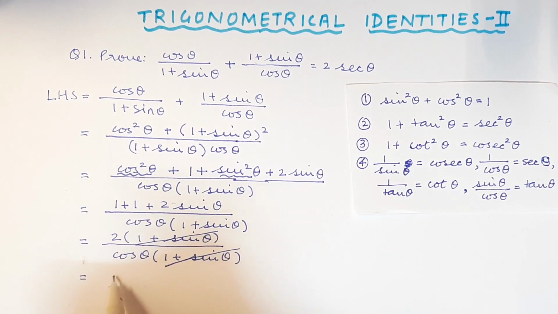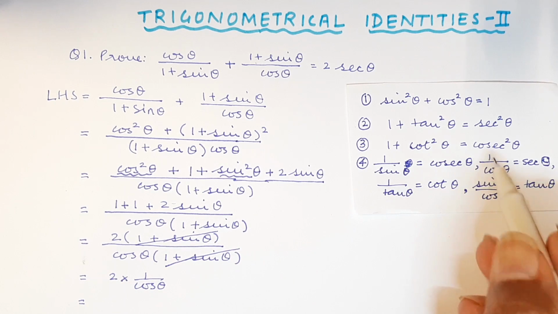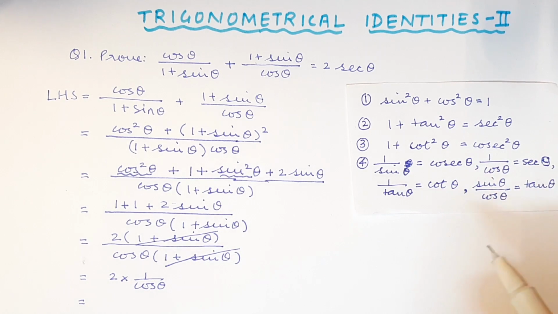And so you will have 2 multiplied by 1 upon cos theta. Now 2 into 1 upon cos theta, look over here, 1 upon cos theta is sec theta. And so we will get 2 sec theta, and that will give us our right hand side, and we say hence proved.